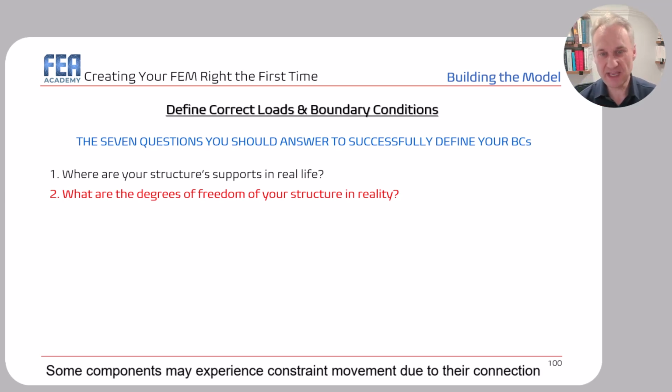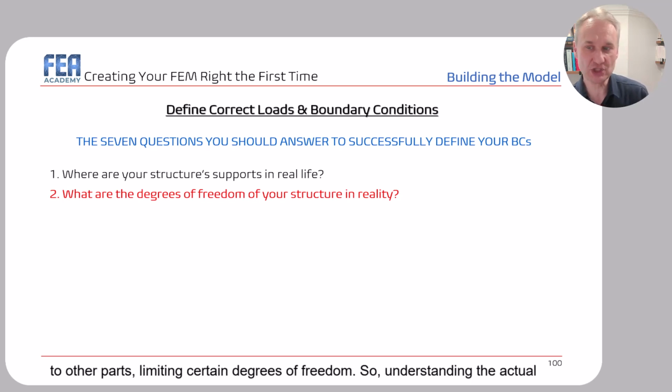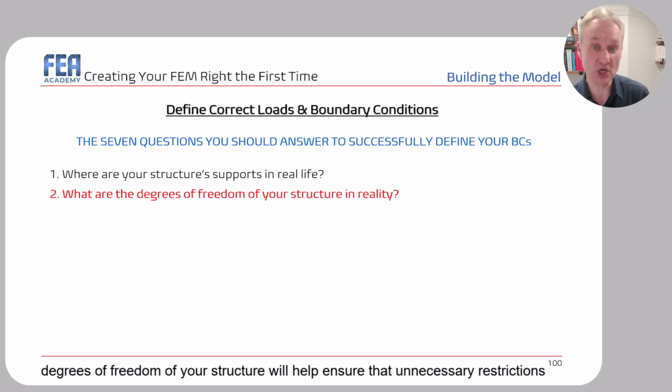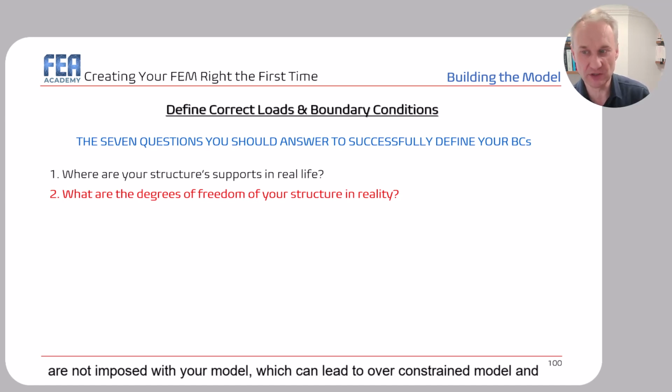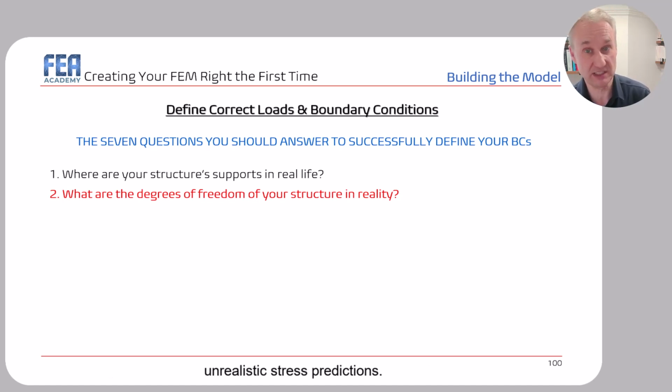Some components may experience constrained movement due to their connection to other parts, limiting certain degrees of freedom. So, understanding the actual degrees of freedom of your structure will help ensure that unnecessary restrictions are not imposed on your model, which can lead to an over-constrained model and unrealistic stress predictions.